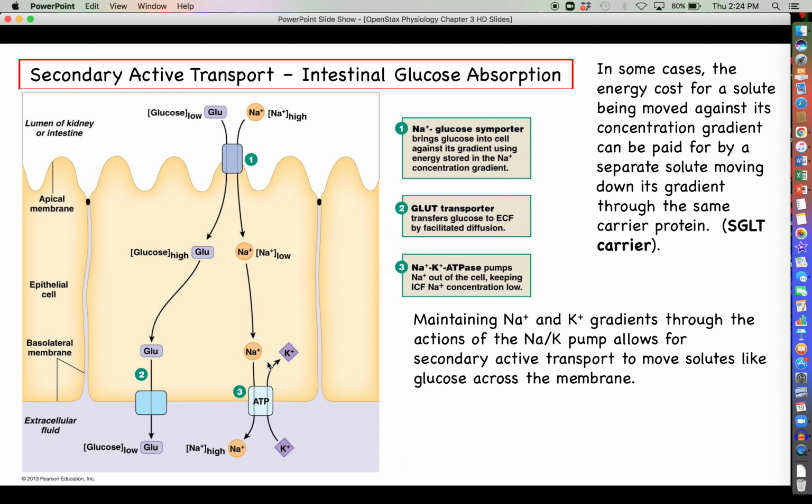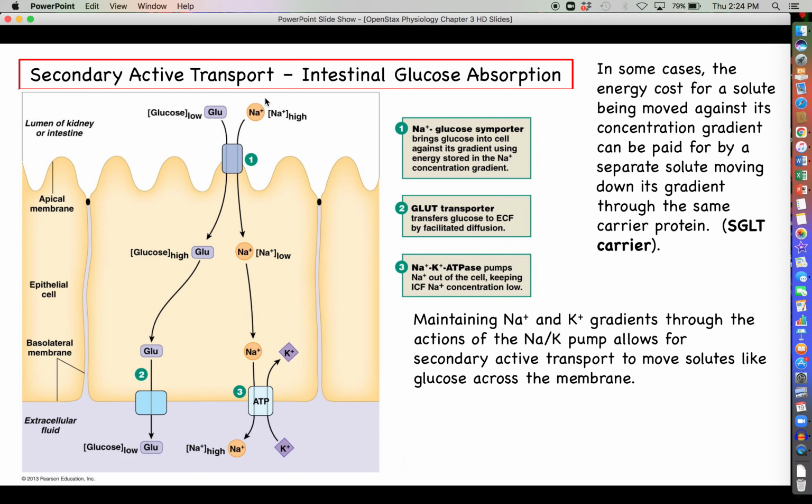And we also bring potassium inside the cell. By doing this, we keep the concentration of sodium low inside the cell. Sodium can naturally get replaced up here in the lumen just from the salty foods that you eat, but we have to make sure that we're reducing the amount of sodium in the intracellular fluid. And having the sodium-potassium pump accomplishes just that.